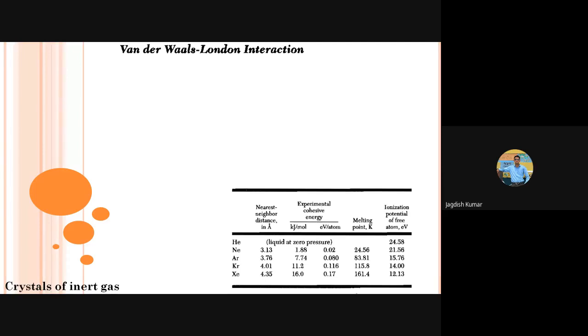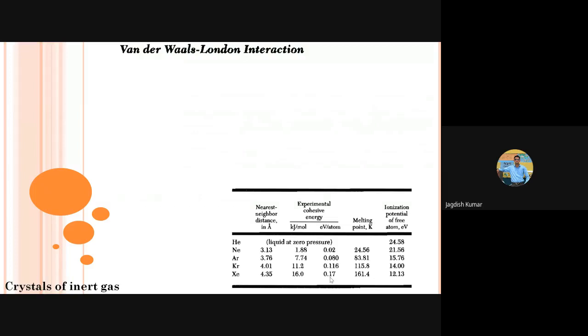Now you notice the cohesive energies. Cohesive energies are of this order: 0.02, 0.08, 0.116, 0.17 electron volt per atom. You will notice that cohesive energies are increasing down the group. Smaller is the atom, smaller is the cohesive energy. Bigger is the atom, bigger is the cohesive energy.